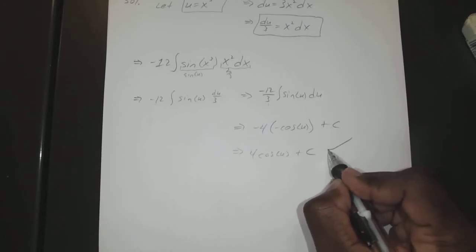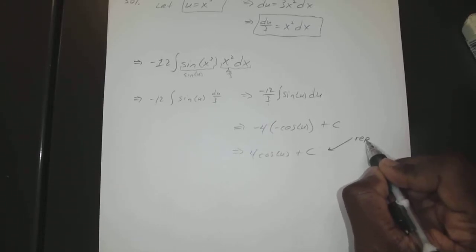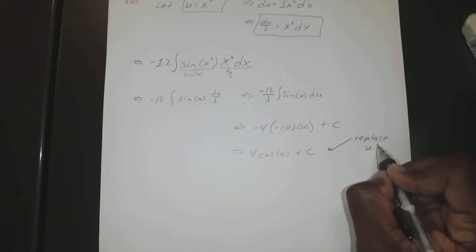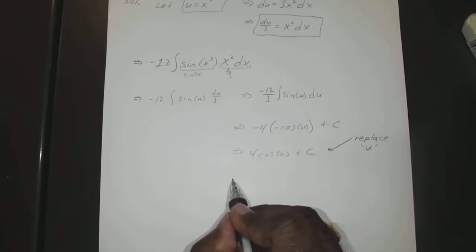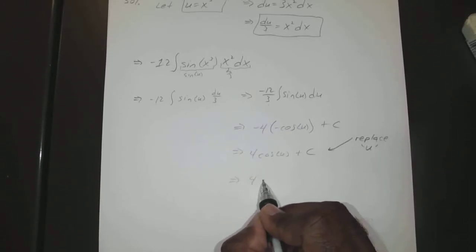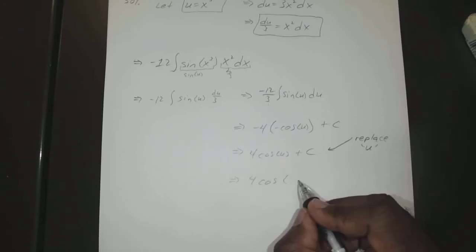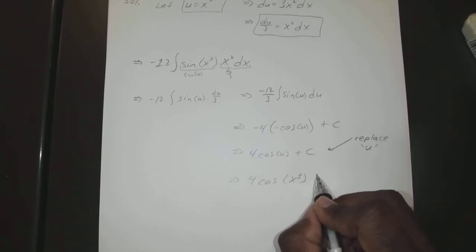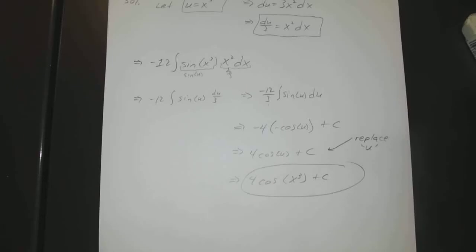Now all we have to do is replace our u. That gives us 4 cosine of x to the third plus c. So it's pretty much like the u substitution we did last class, but you're doing it with the trig functions now.